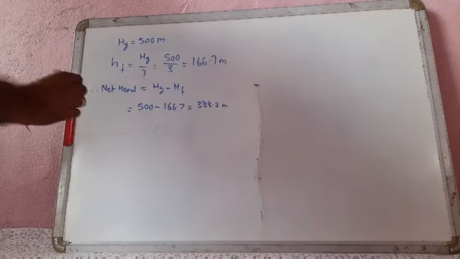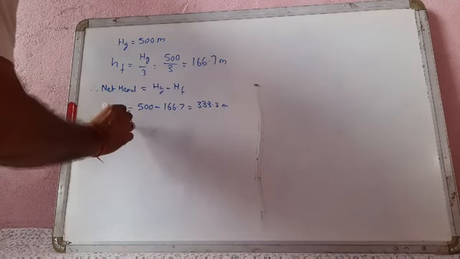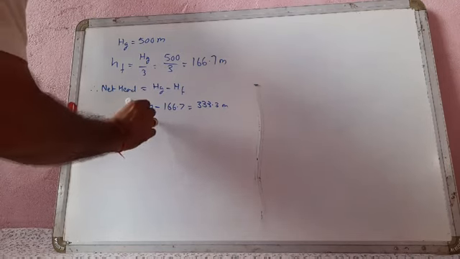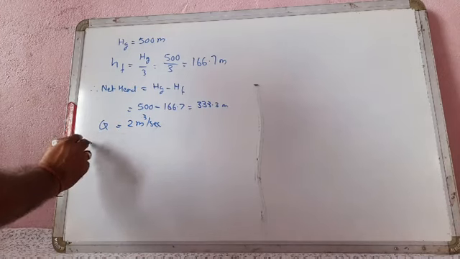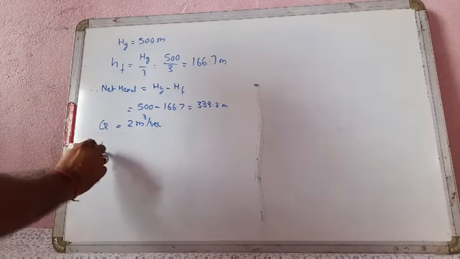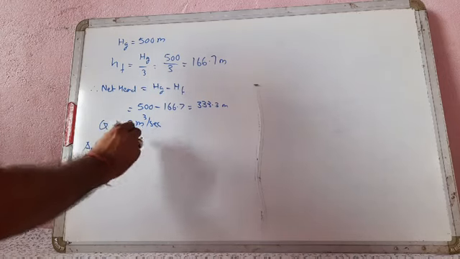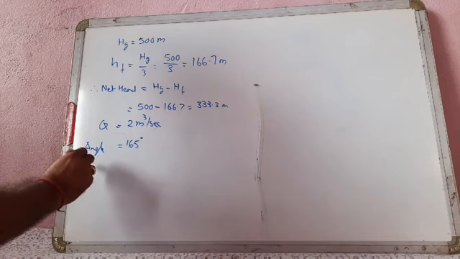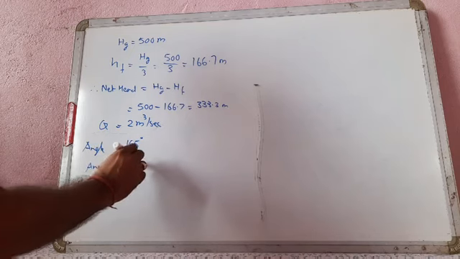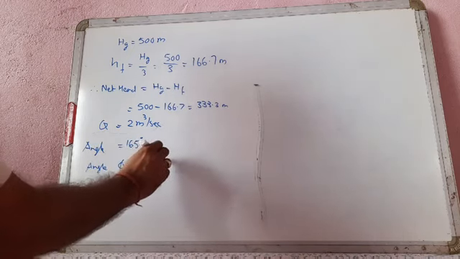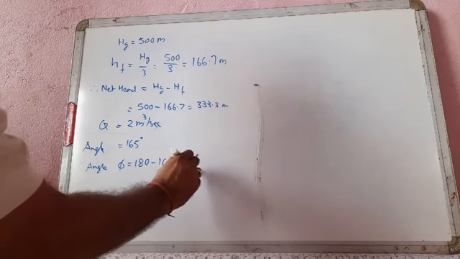Q, discharge, is given 2 meter cube per second. Angle of deflection is given 165 degree. So angle phi equal to 180 minus 165 equal to 15 degree.